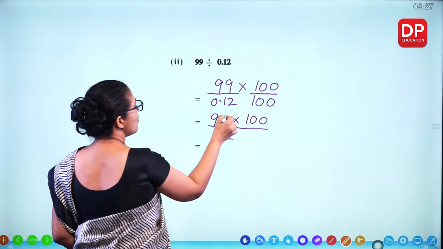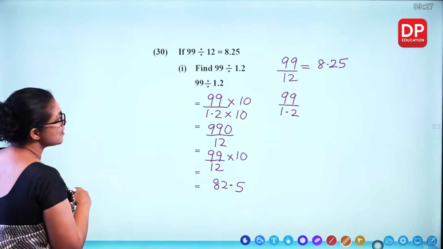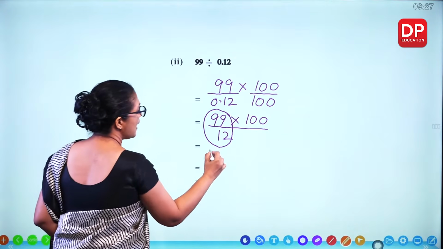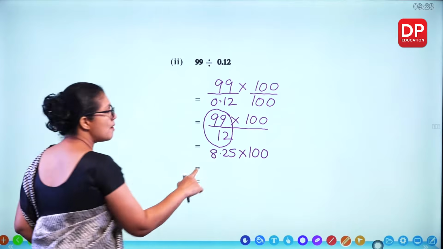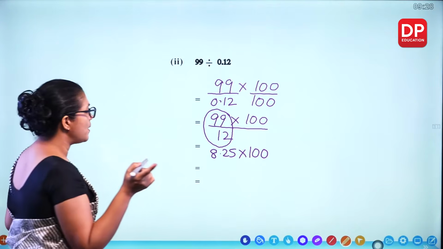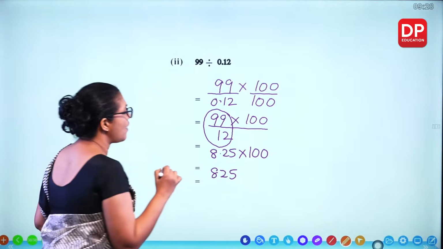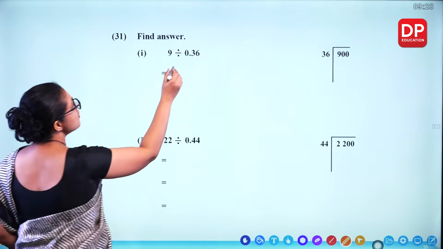But we know what 99 divided by 12 is from the previous one, 8.25. 8.25 multiplied by 100 means moving the decimal place 2 places to the right, 825. Find the answer.